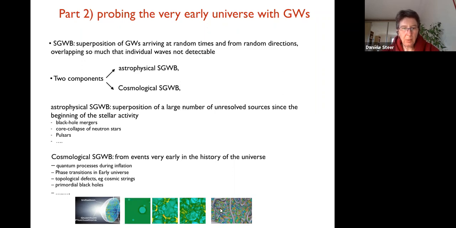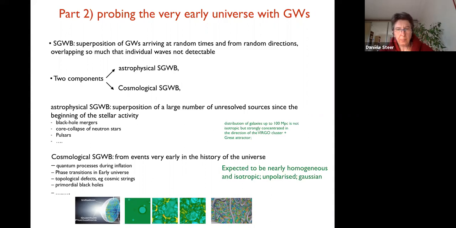I'm going to talk about topological defects such as cosmic strings, which are also the result of phase transitions. Then there are also processes during inflation which can generate a stochastic gravitational wave background, though in the standard models it's going to be very difficult to see. And then there are many other possible sources of the stochastic background of gravitational waves.